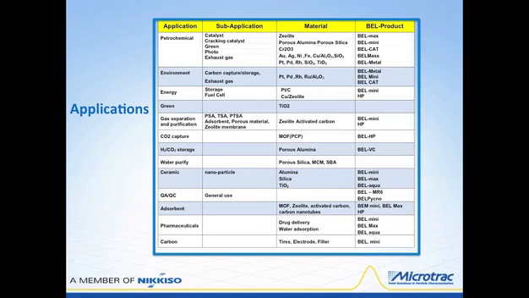Now, if we look over here to the right, one of the things I want to note to you is that you'll see different names: Bell Max, Bell Mini, Bell Cat, Bell Mass, Bell Metal. These are instruments. Max and Mini are general purpose instruments, but then as we get to the Cat, the Mass, and the Metal, and the other Bell products, these become more specific in nature, and Bell has those types of instruments available for very special types of analyses that would not be done by the Bell Max and the Bell Mini, and I'll explain the Bell Max and Bell Mini later on in this talk.